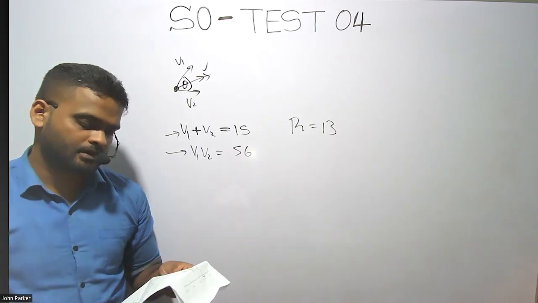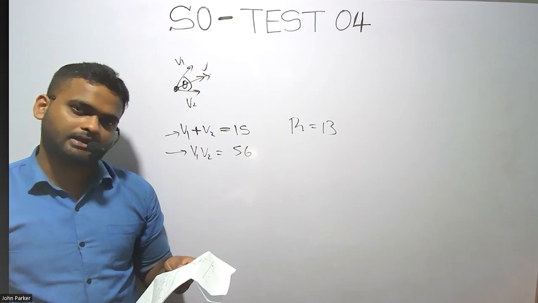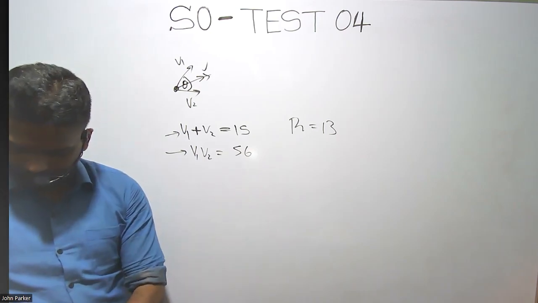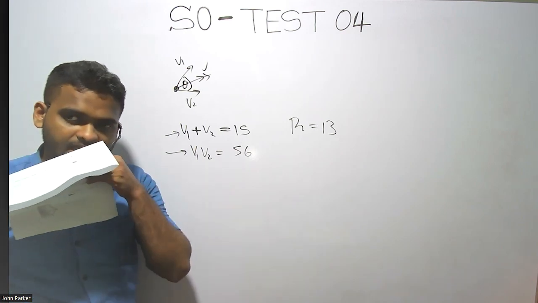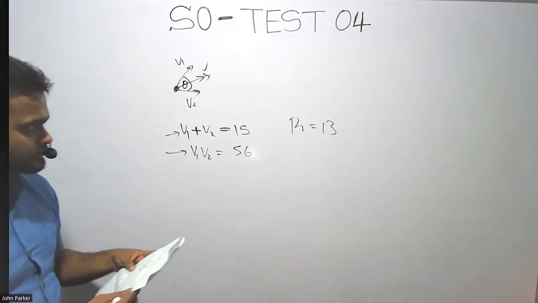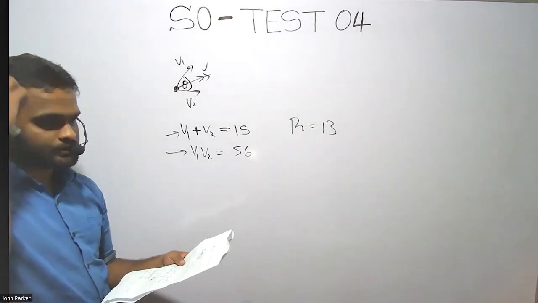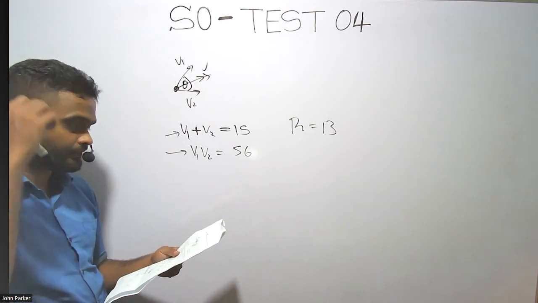Since this is an MCQ, you have to be smart about it, right? When you get the answers there, what you need is to get the correct answer. They don't give marks for how much simplification you do. You just have to get the answer there.